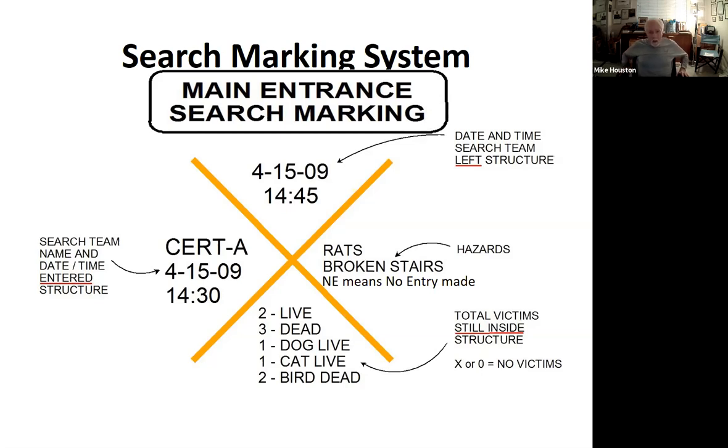But other than that, you make no entry, you're not going to have any date and time entered the structure. You're not going to have any date and time you left the structure because you didn't enter.